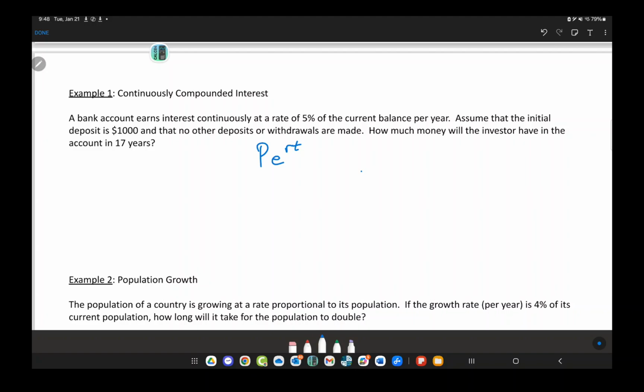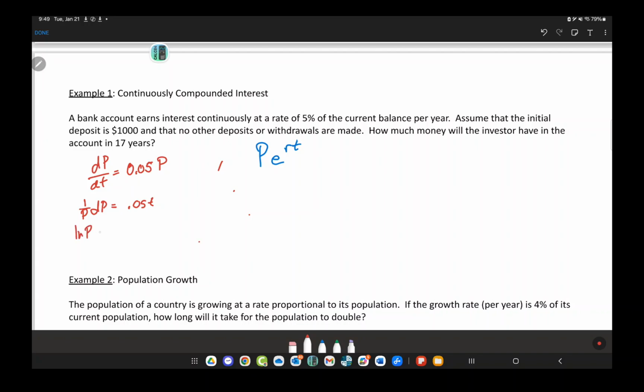What they want you to do is to set this up as dP over dt. The rate of change is what? 5% per what? Which would still give us, if we do all the fun stuff, 1 over P dP equals 0.05 dt.